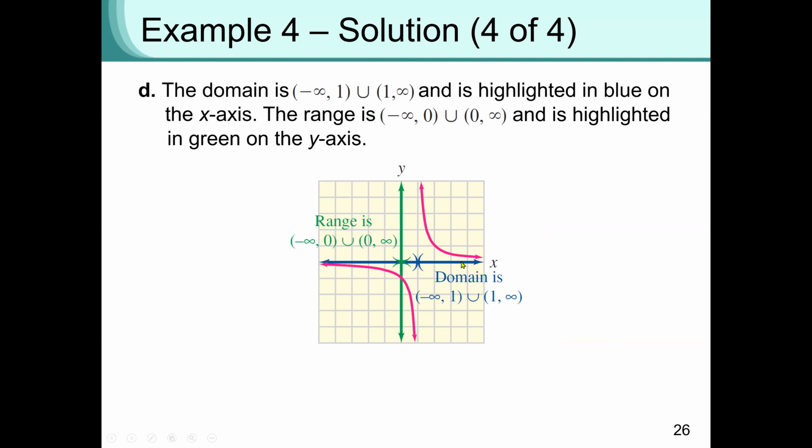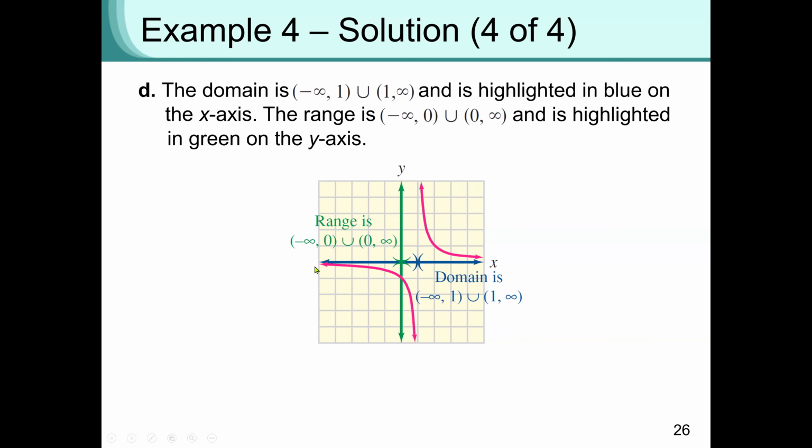Then from 1 to positive infinity. And this symbol means union, which is "and". So from negative infinity to 1 and 1 to infinity. The graph doesn't touch. And then when we look at the range, also the same concept.